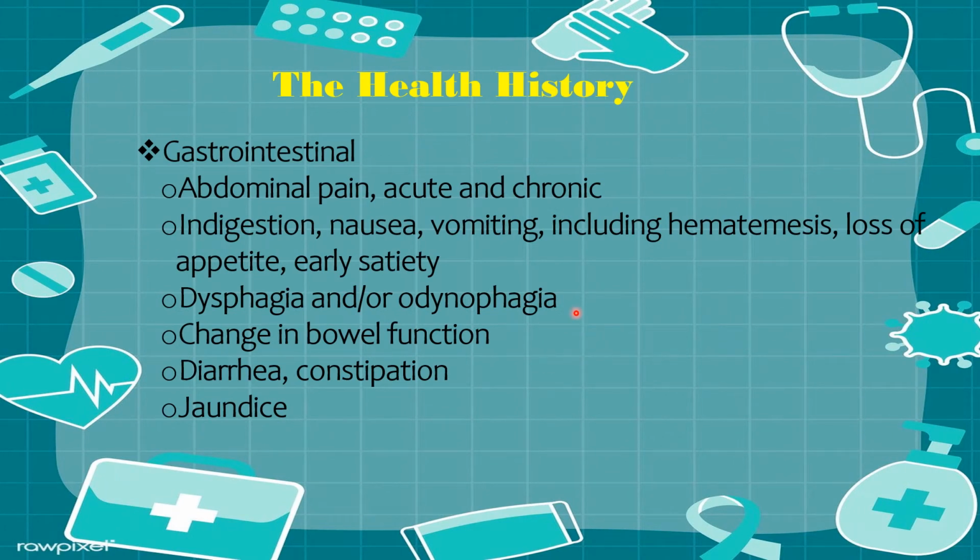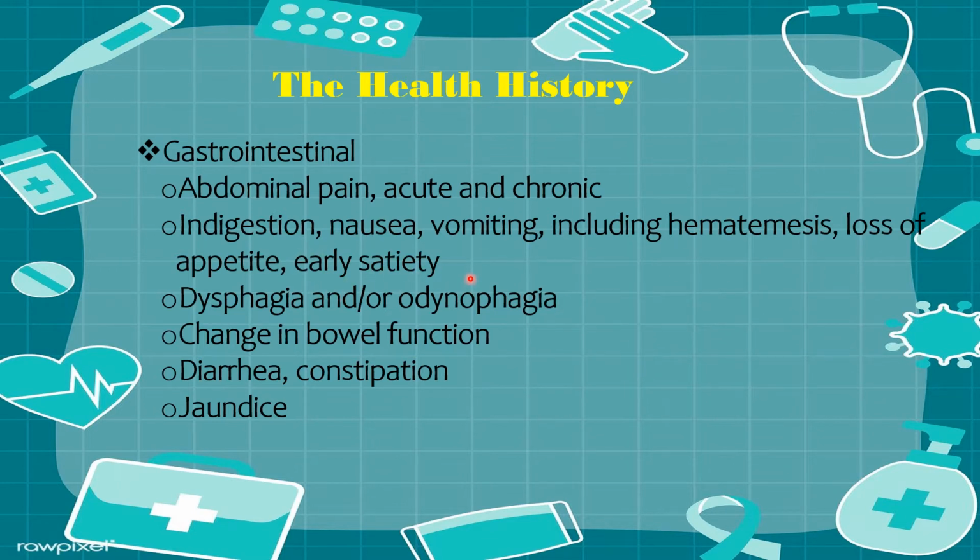Okay, so let us now proceed to the health history. Okay, so for gastrointestinal system, it is important to assess for the abdominal pain, acute and chronic pain. If there is indigestion, nausea, vomiting, including hematemesis or blood in the vomitus. Is there loss of appetite or early satiety?